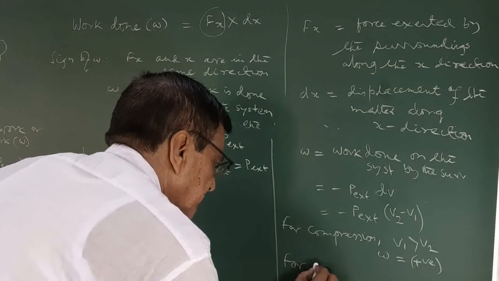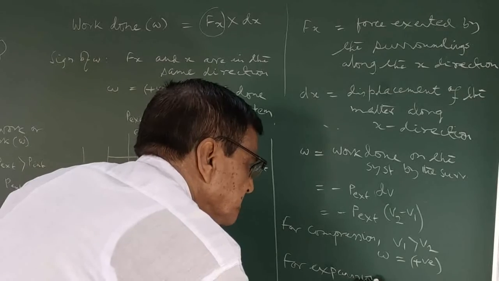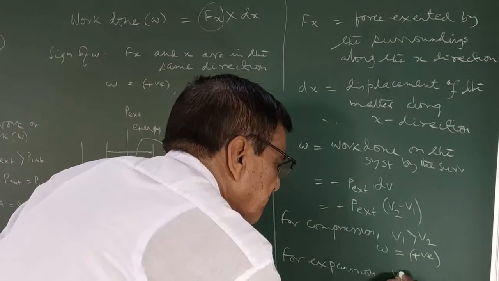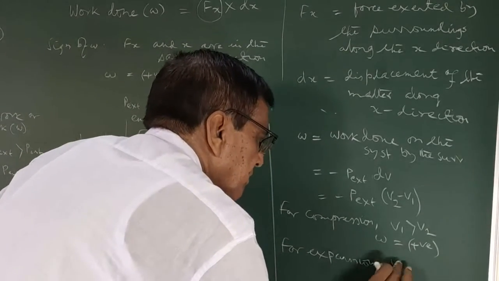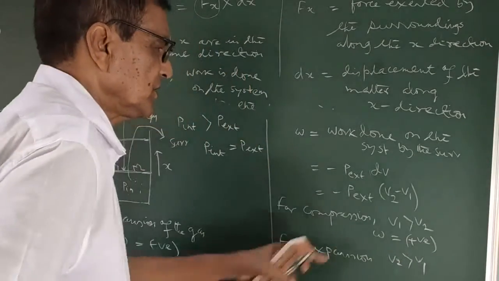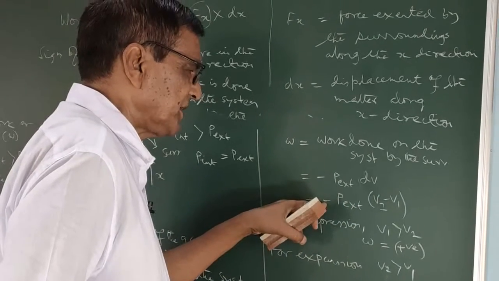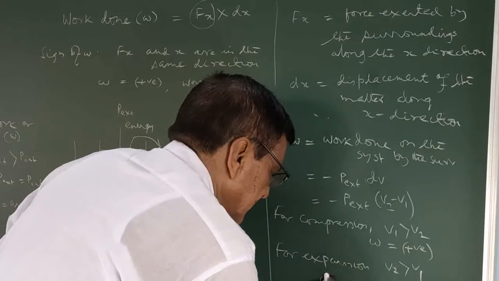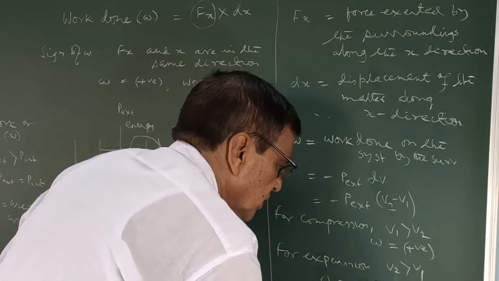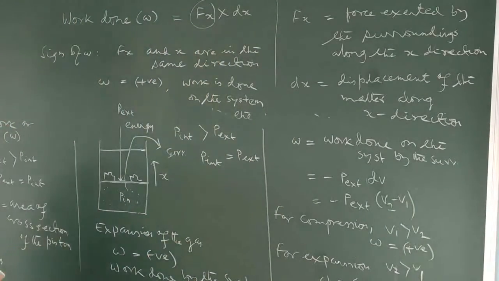For expansion, V2 is greater than V1. So this term is positive, preceded by a negative sign, so W is negative, meaning work done by the system on the surroundings.